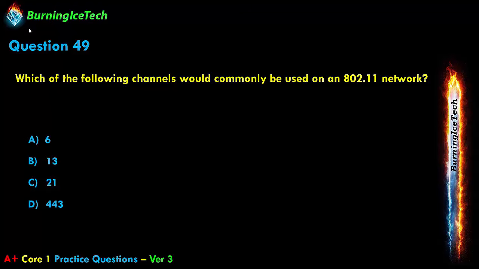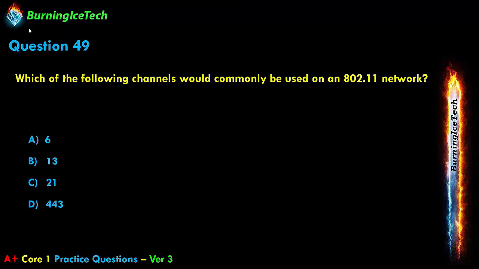For those of you that don't know, when we talk about the 802.11 wireless standards, there are 11 channels in total that you can choose from. Out of those 11 channels, there are 3 that have zero interference with one another. The other ones all have a little bit of interference with one another. But the 3 that specifically have zero interference with one another are channel 1, channel 6, and channel 11.